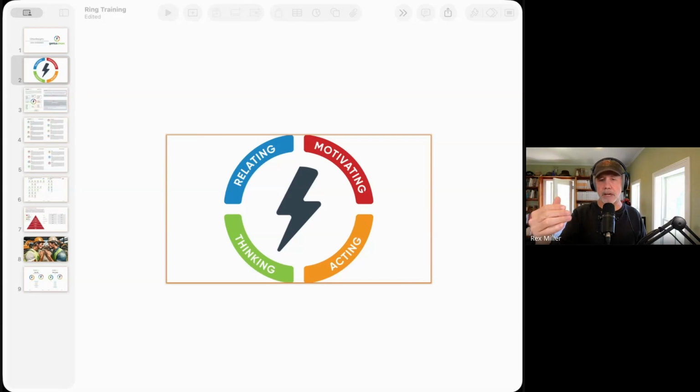The more strengths on the red, orange side, the more that person is a type A driver, break through the wall type of person. And then we've got two fan blades. We've got the relating acting side of things. And what you see there is someone who can create great relational cohesion and then drive that into a team accomplishing something, or a group of people.